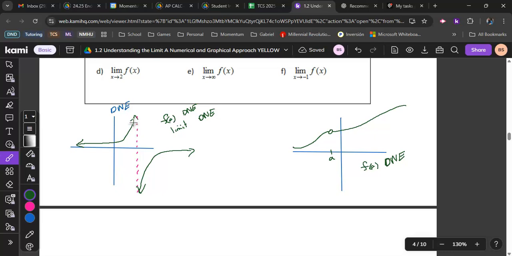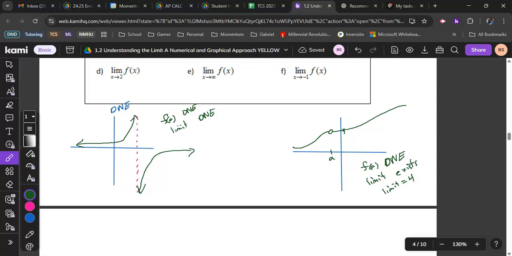It's DNE, does not exist. But here, the limit exists. We could even give it a value, I guess. Let's say this is 4. So we'll say that the limit equals 4, right? It's just going to be whatever that y value is, because from both sides, we approach the same thing. Make sense? Good?